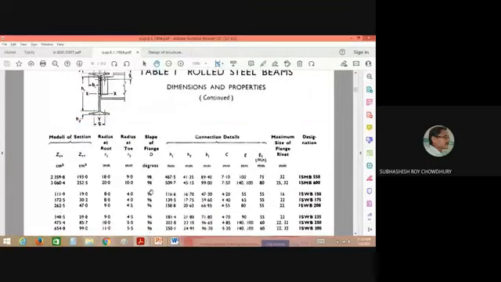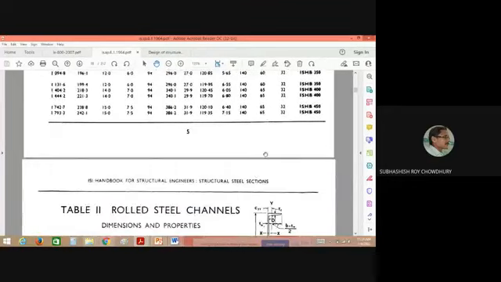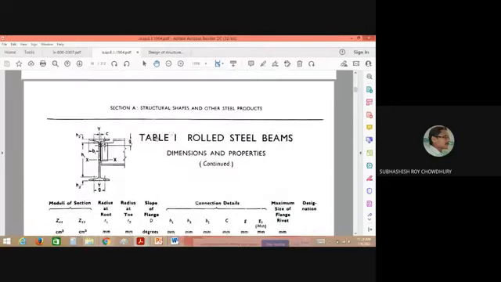In the next page, that means the page at the right, the same set of cross sections, ISMB 550 to ISHB 450, these data are given here. So combining these two pages, you will get one set of data. Clear? So when you take the data from this table of the handbook, you should be careful regarding this.